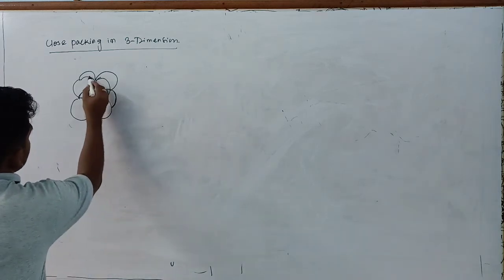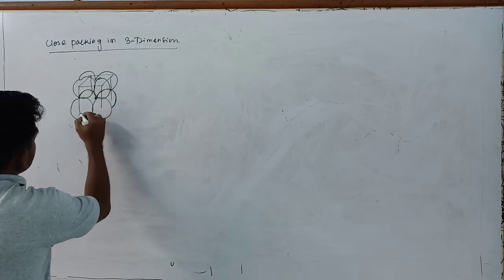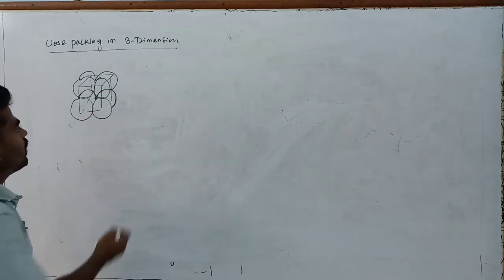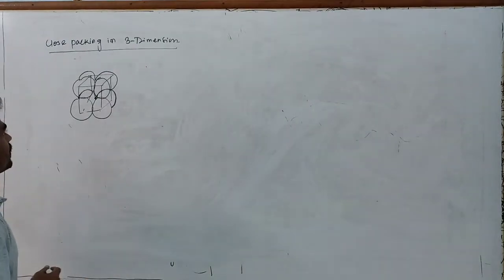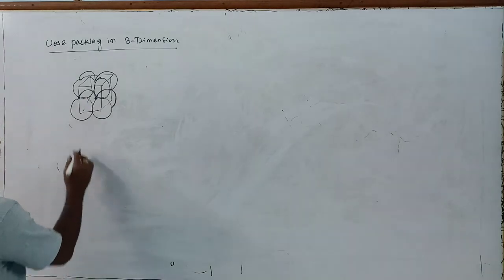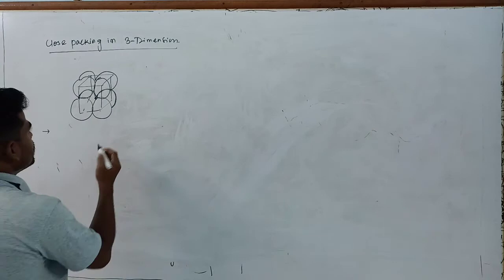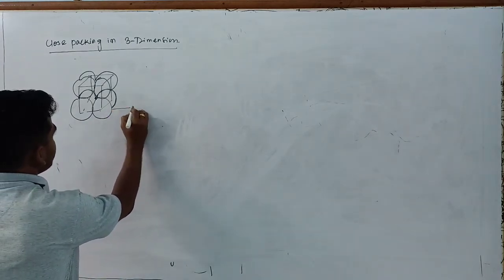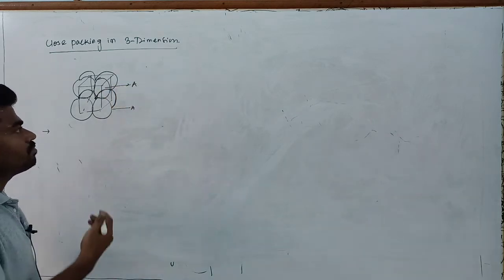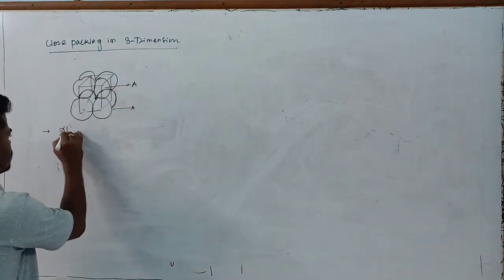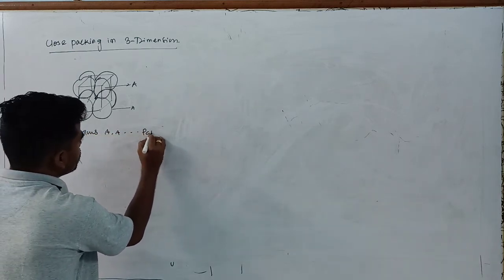Just imagine it's something like this type of arrangement, with x, y and z axis. In this type of arrangement, if I ask you the pattern of arrangement, this one is an A layer, again this one is vertically aligned to it, this one is also an A layer. So it follows the AA pattern of arrangement.